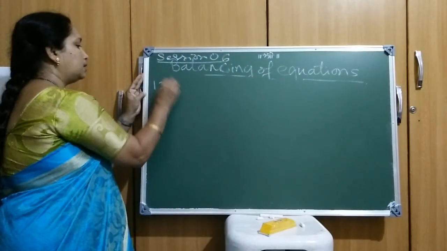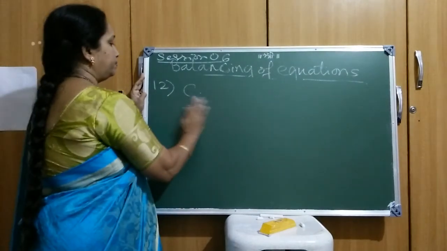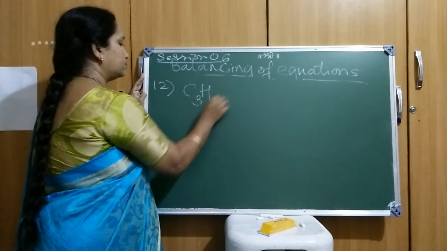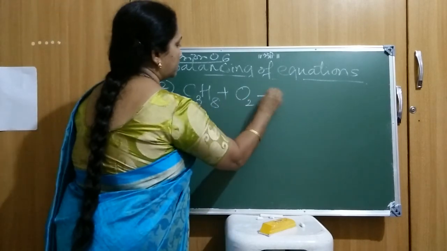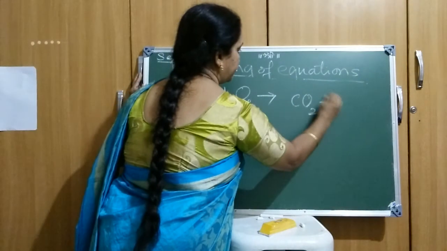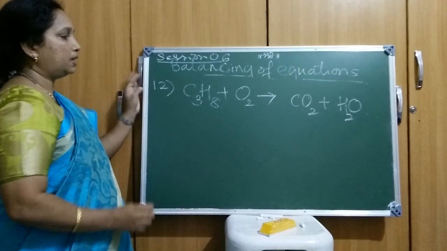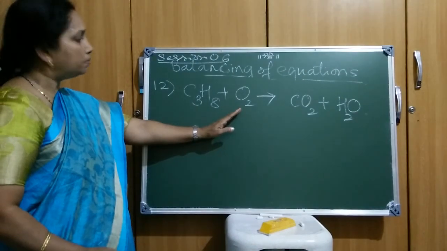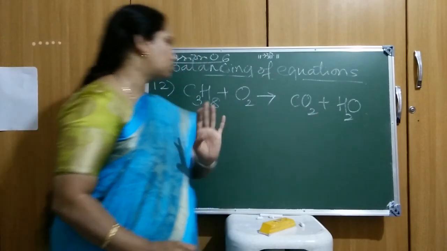It is the 12th example. C3H8 reacting with oxygen gives carbon dioxide and water. You can see that it is the combustion of this compound, and in complete combustion CO2 and H2O are going to form.